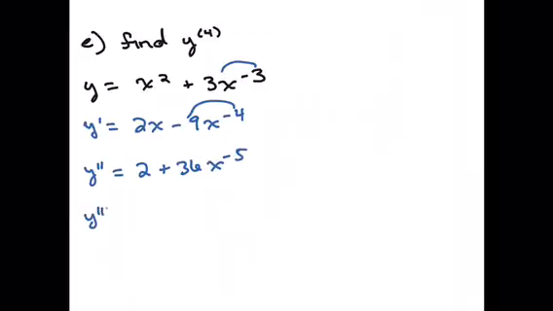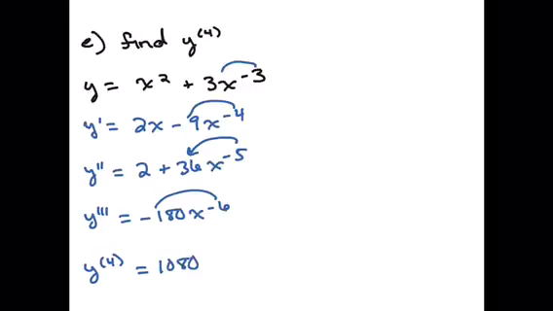My third derivative, derivative of 2 is 0, and so I get negative 5 times 36 is negative 180 x to the negative 6. And finally, my fourth derivative, negative 6 comes out front, and negative 6 times negative 180 is 1080, and we get x to the negative 7.